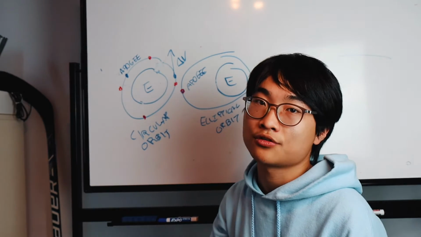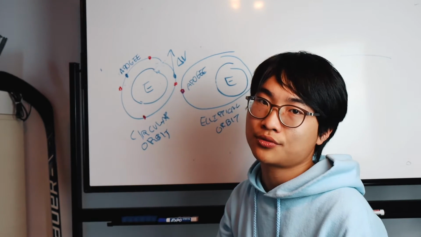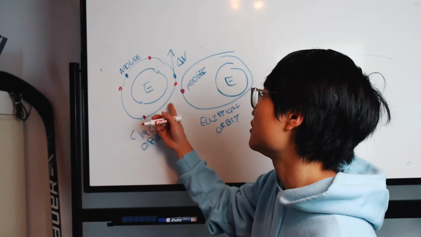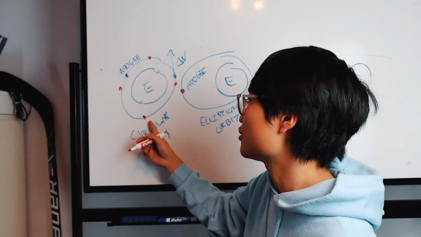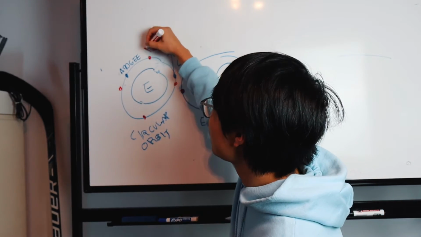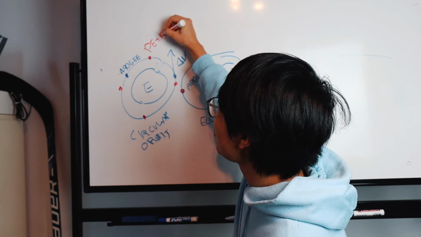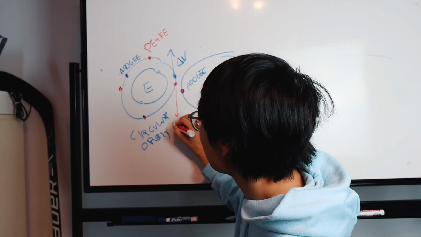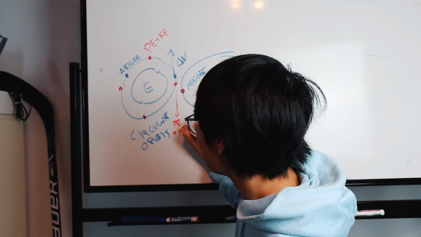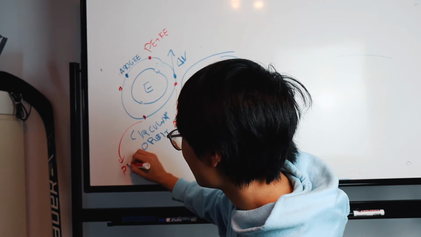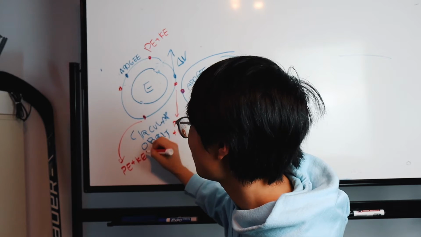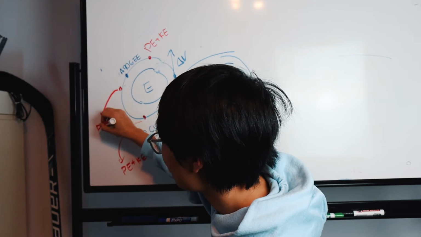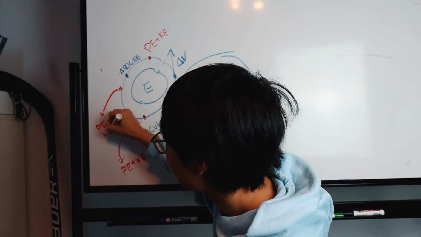According to the conservation of energy, the sum of potential energy plus kinetic energy, in this case there is no external force influencing the spacecraft's orbit. So we're just going to say this is potential energy plus kinetic energy. Same thing here, potential energy plus kinetic energy. And here, and here, also potential energy plus kinetic energy.